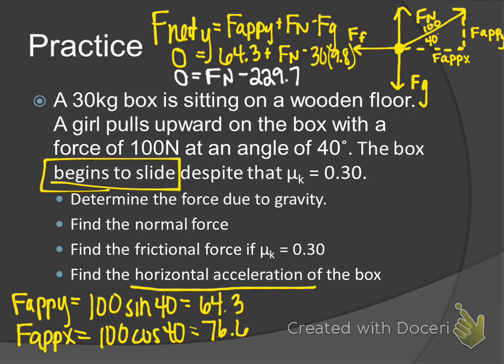Okay, so that means that F sub n should equal 229.7. Yeah? Okay.